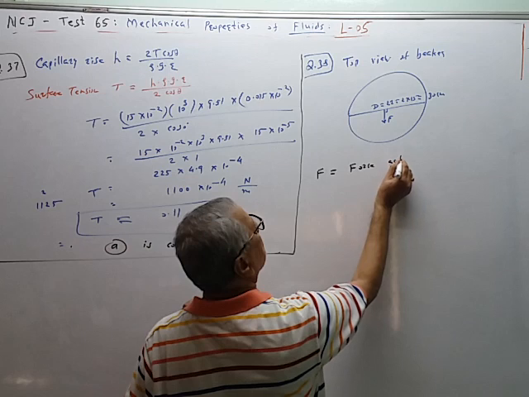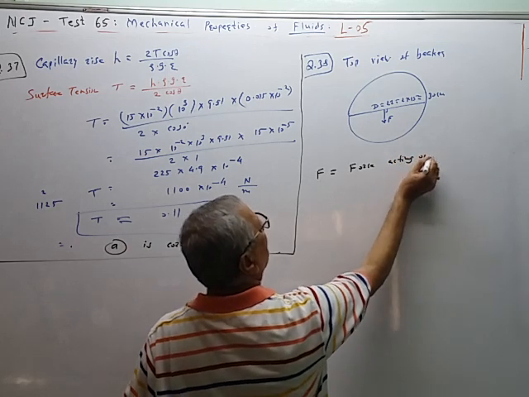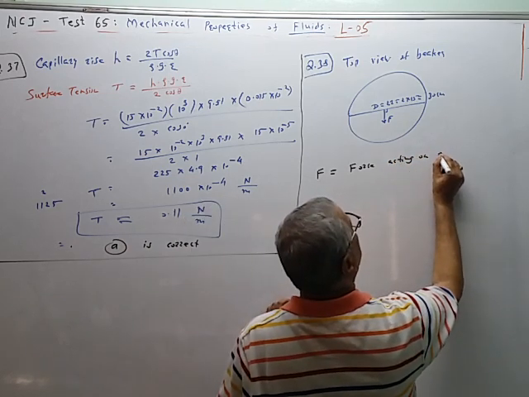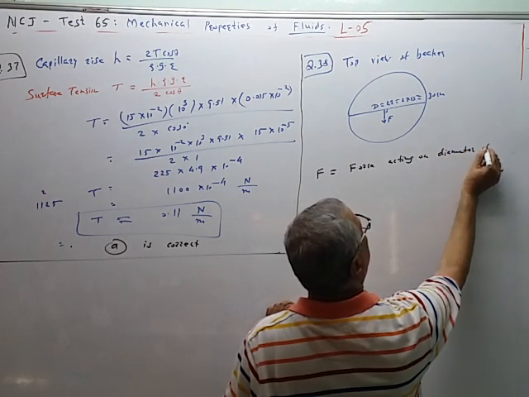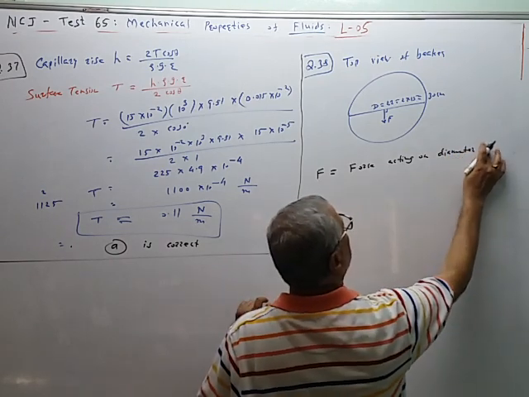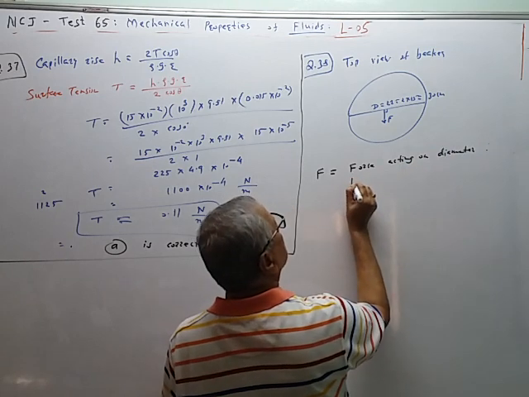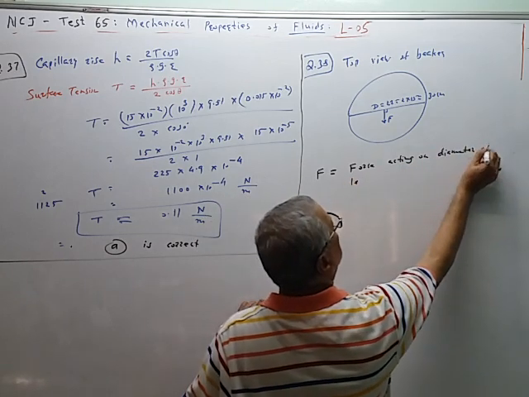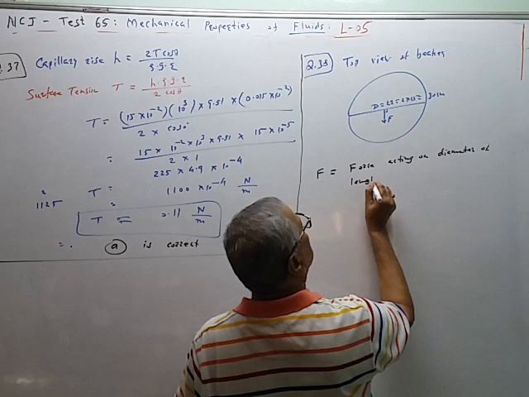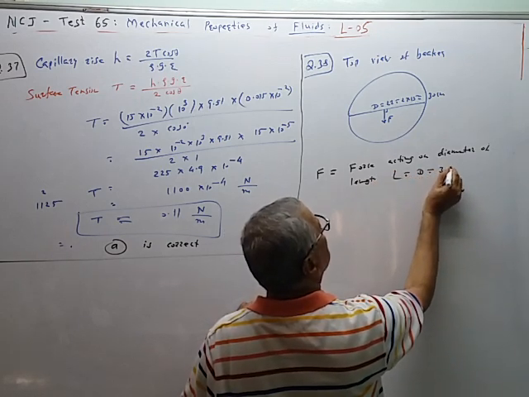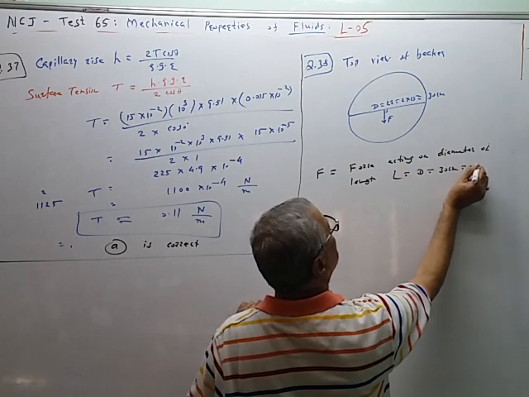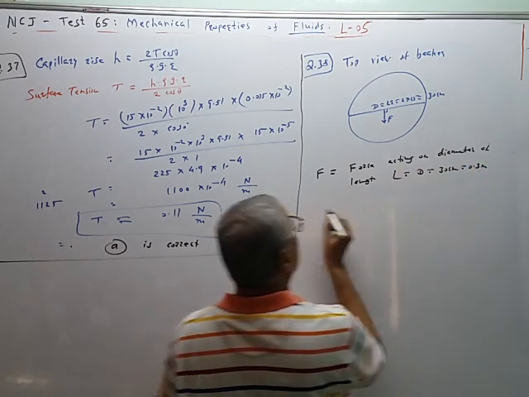So F is the force acting on the diameter of length L, which is D, equal to 30 centimeter, equal to 0.3 meter.